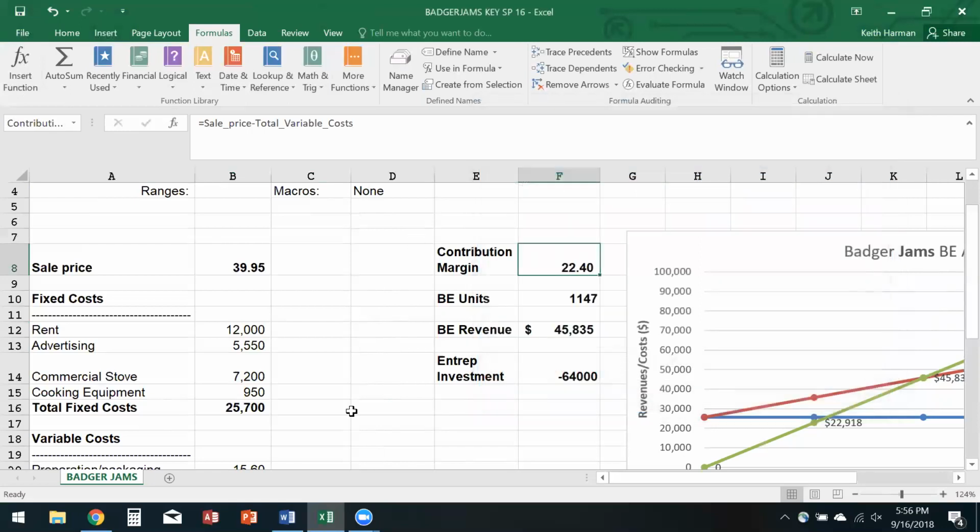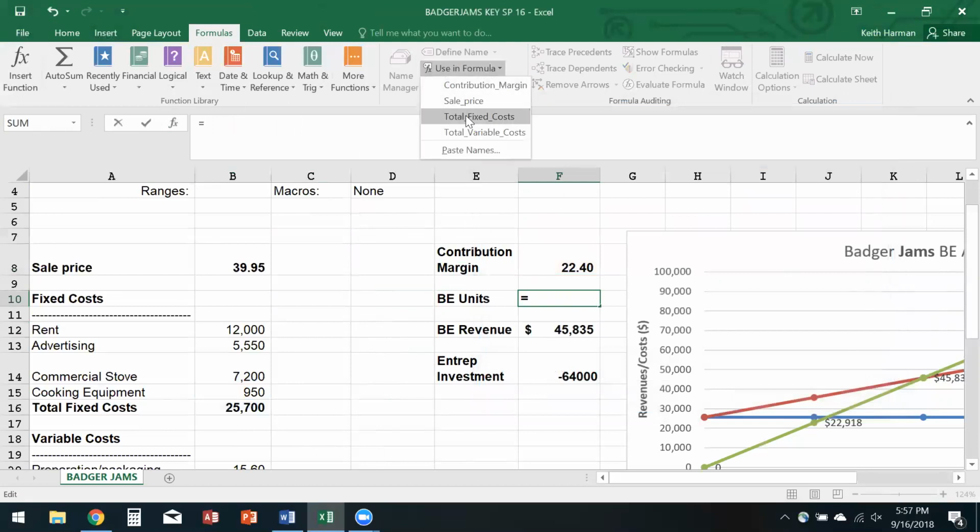My apologies. All right. To get the break-even units, right here, I'll use them in the formula, and it'll be equal to the total fixed costs divided by the contribution margin.